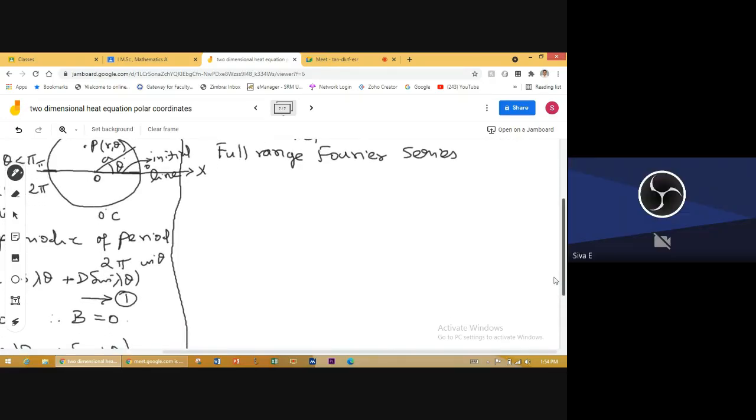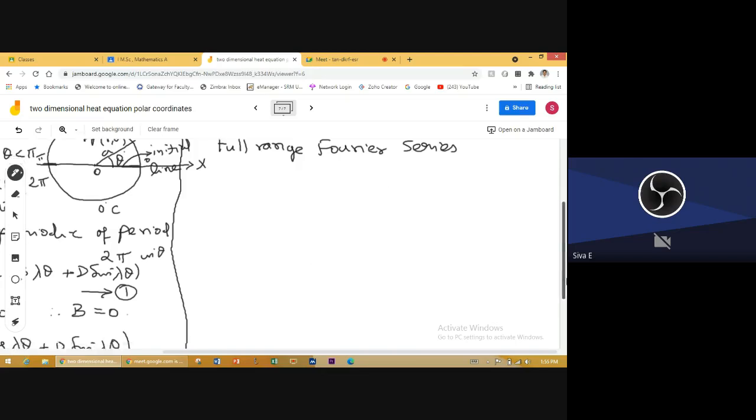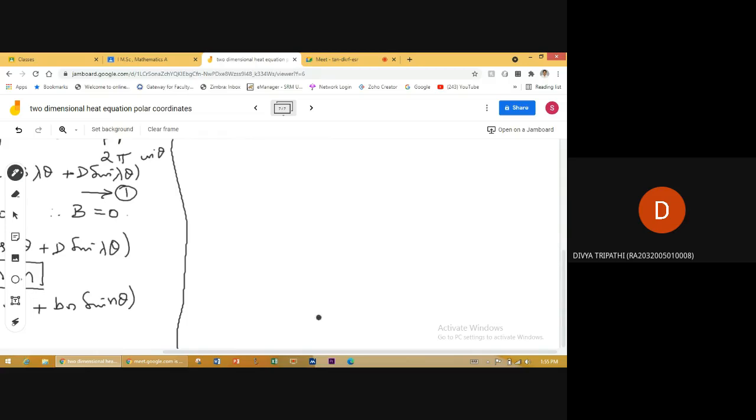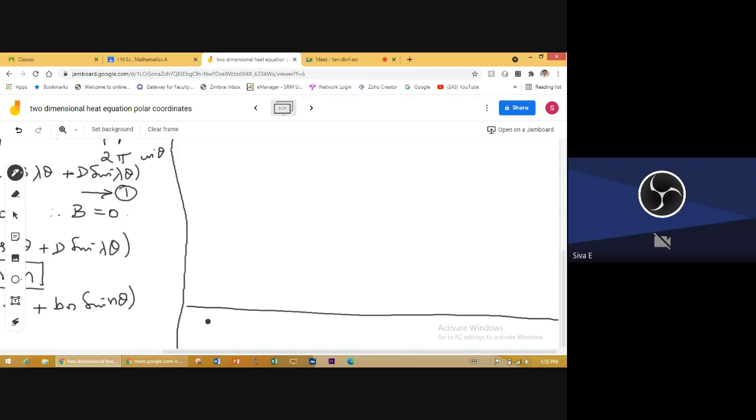Okay, correct. Then one more important thing is there. Your answer is correct, but one more important term is there for the full range Fourier series and half range Fourier series. Sir, for full range, 1 by L will come and for half range, 2 by L will come. That is the formula. Your point is also correct.